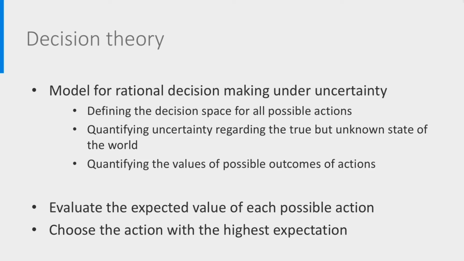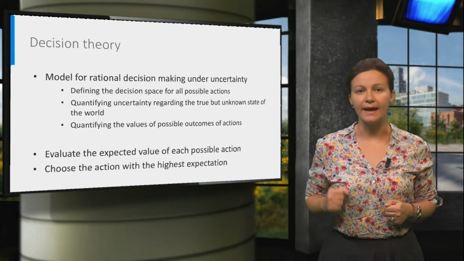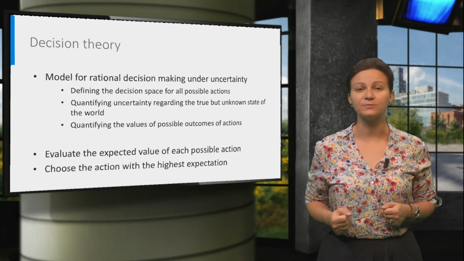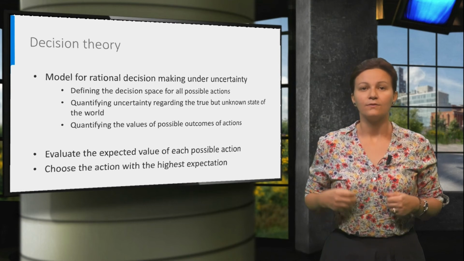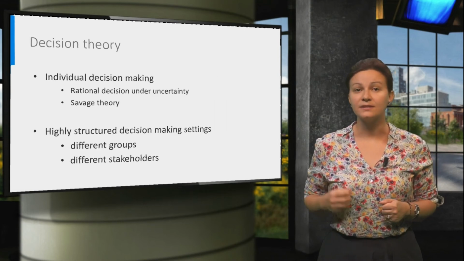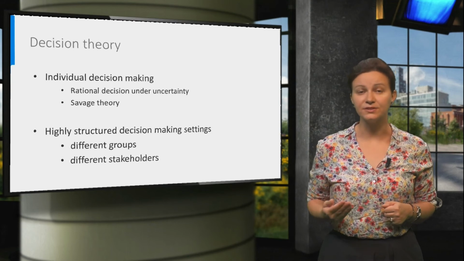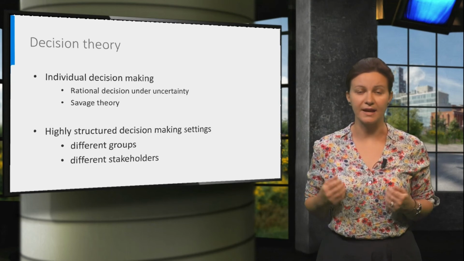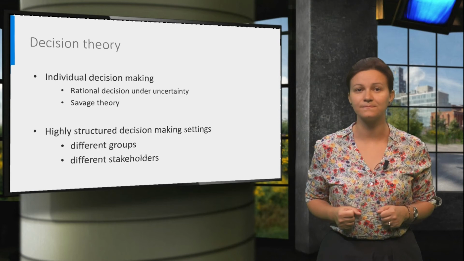Having this input allows us to evaluate the expected value of each possible action and choose the action with the highest expected value. For individual decision-making, this model describes rational decision under uncertainty, which has been formalized by Savage.